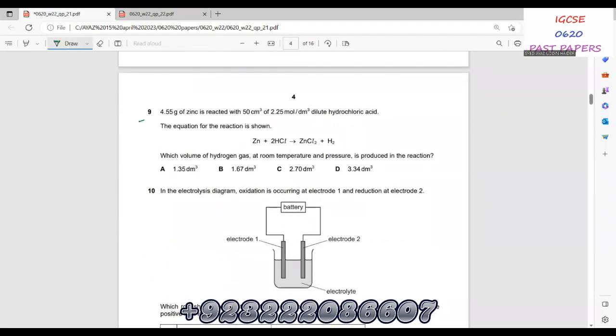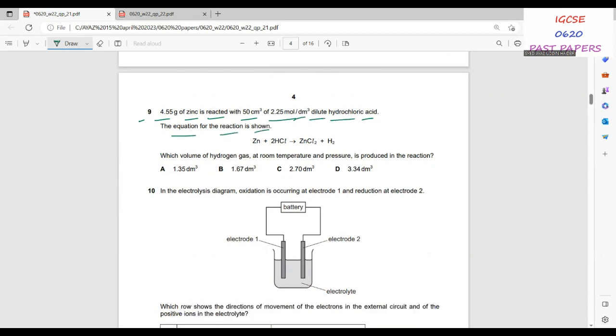Number 9, 4.55 gram of zinc is reacted with 50 centimeter cube of 2.25 mole per dm cube dilute hydrochloric acid. The equation for the reaction is shown. Zn plus 2HCl gives ZnCl2 plus H2. Which volume of hydrogen gas at room temperature and pressure is produced in the reaction?